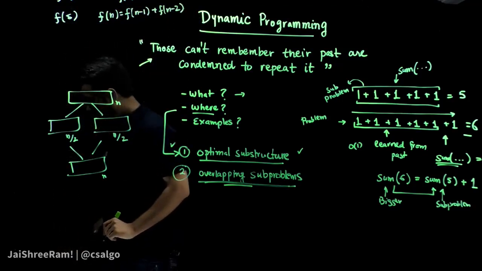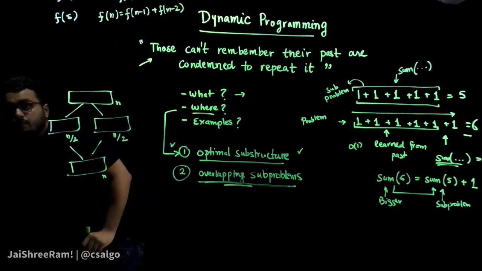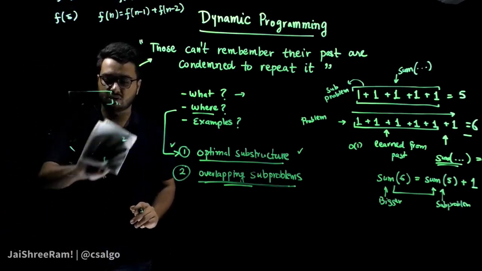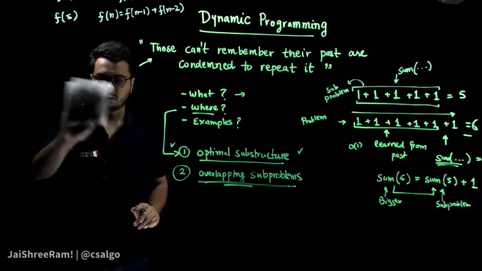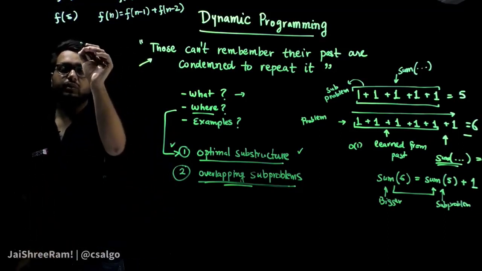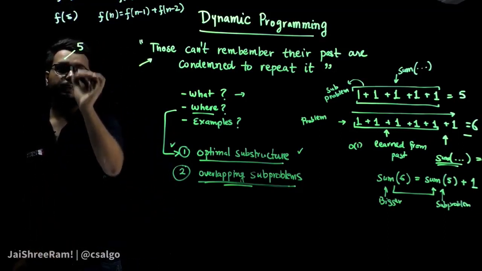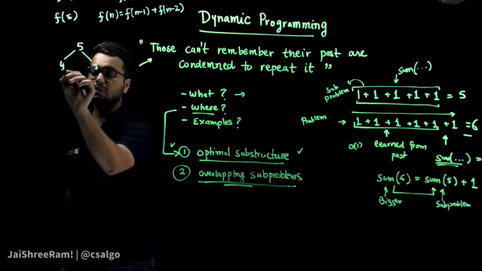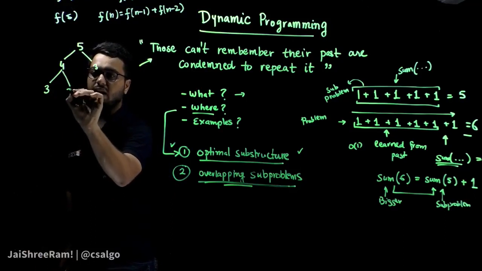So in order to do this, let me say fib of 5. To compute fib of 5, I need fib of 4 and fib of 3. To compute fib of 4, I need fib of 3 and 2.